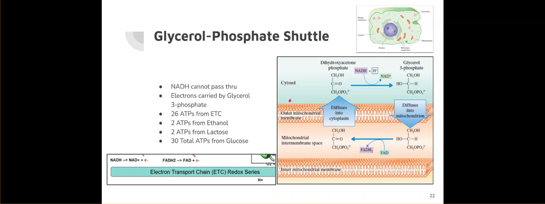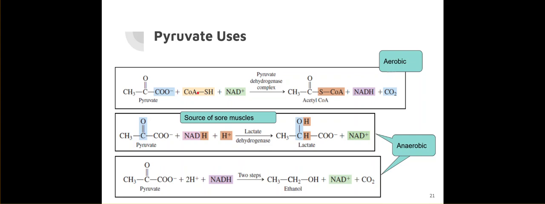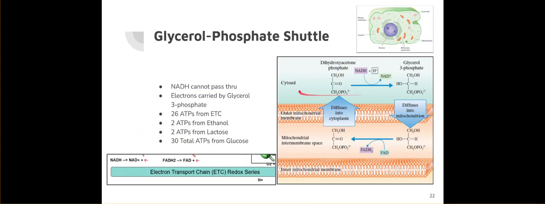So you can see here that we need NADH here. This product, NADH, cannot be directly brought through the outer membrane of the mitochondria into that inner mitochondrial space.